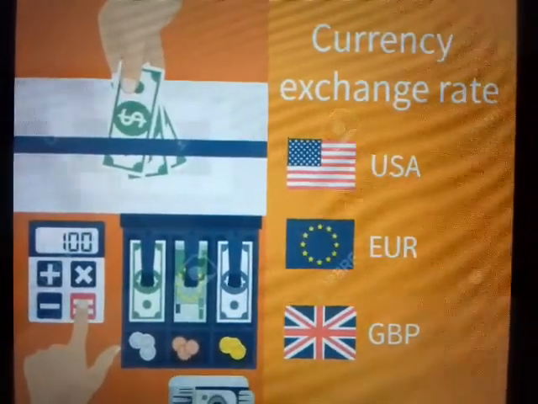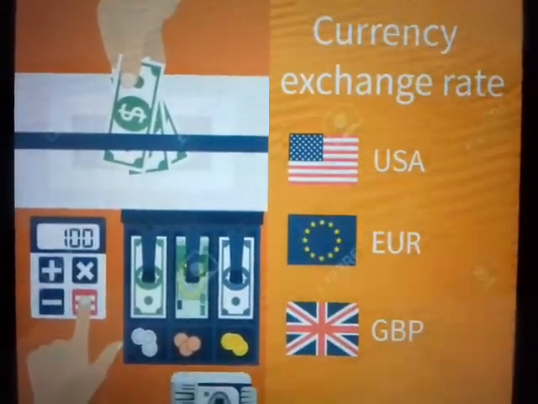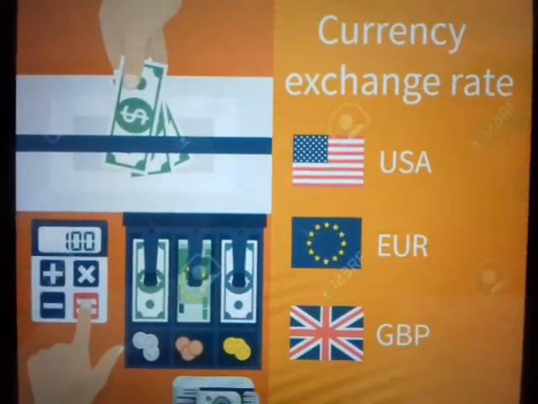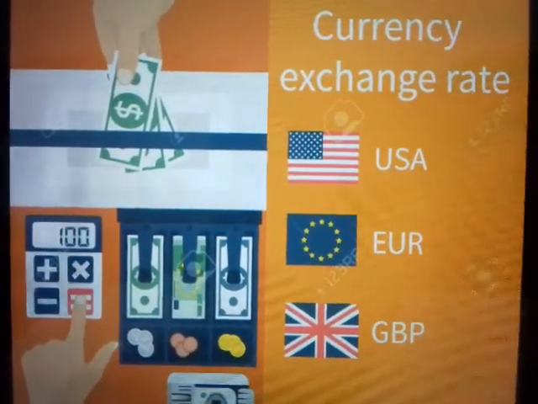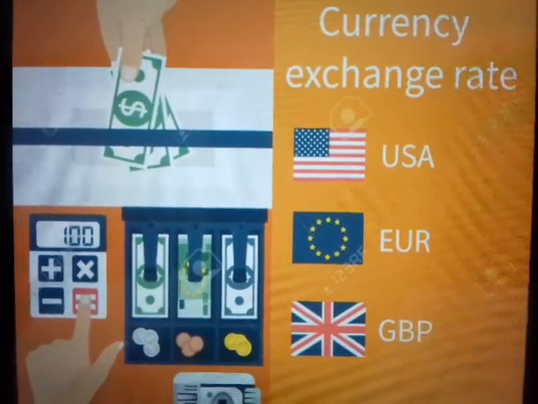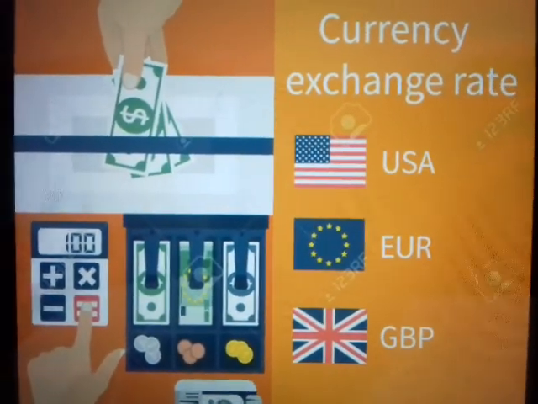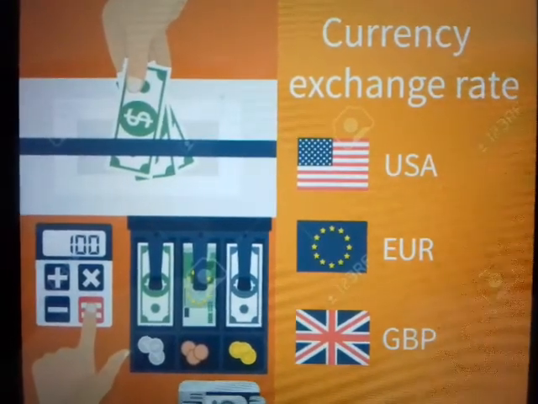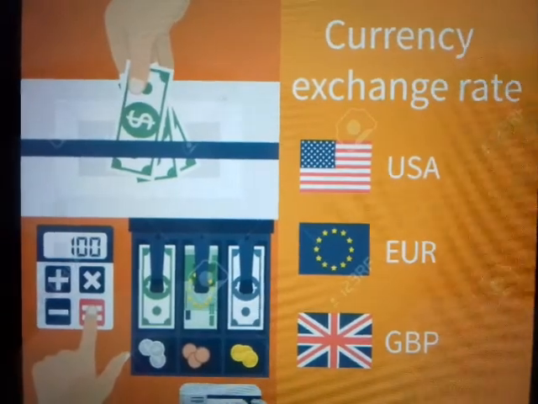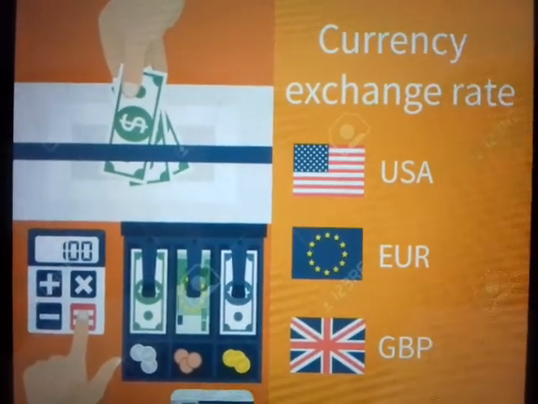The next economic factor is foreign exchange rate. For example, think there's a friend or relation in another country who is sending you some money. Think that he is in India.